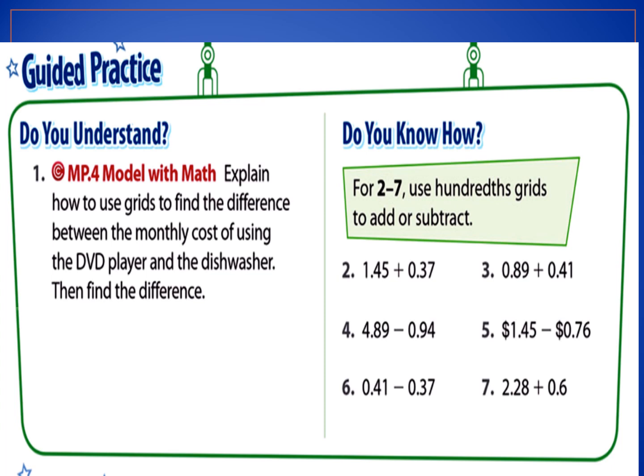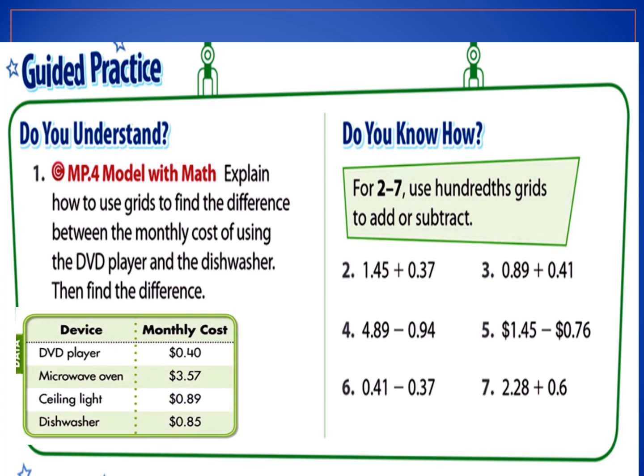So I'm going to subtract them. From that table, for the DVD player it is 0.40 and the dishwasher is 0.85. I subtract them because it said the difference, which is a keyword for subtracting.